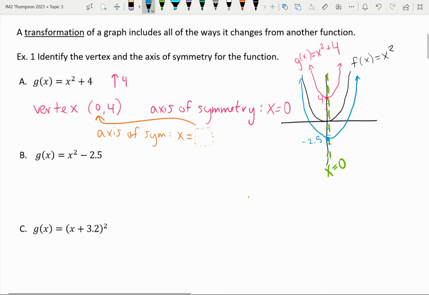It just gets shifted down. So the minus 2.5 outside the argument means that this goes down 2.5.